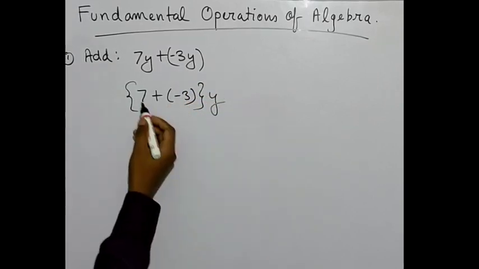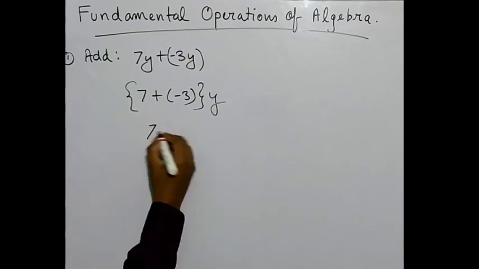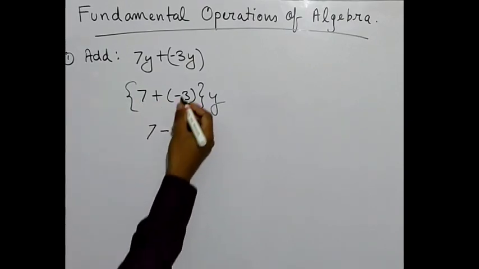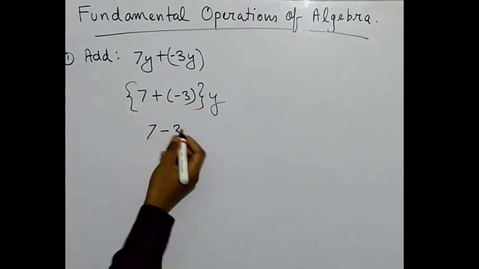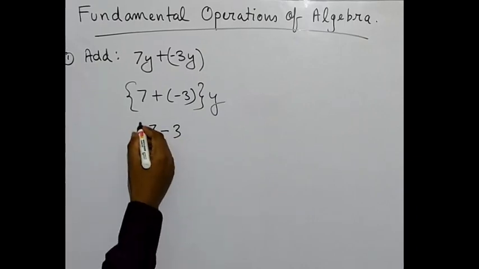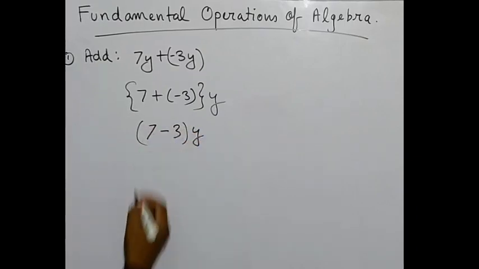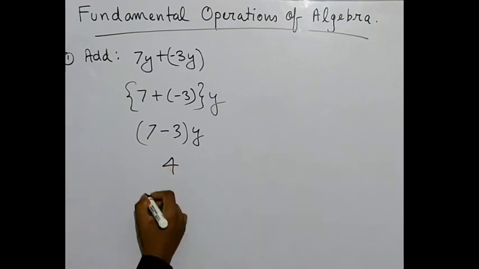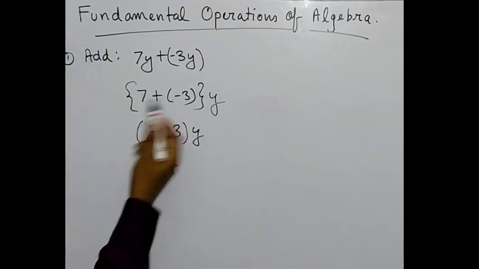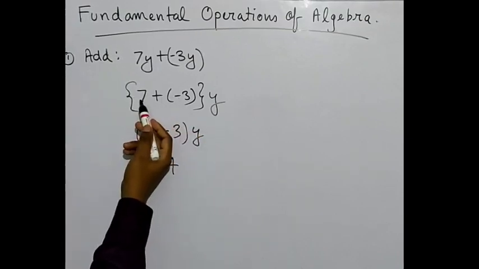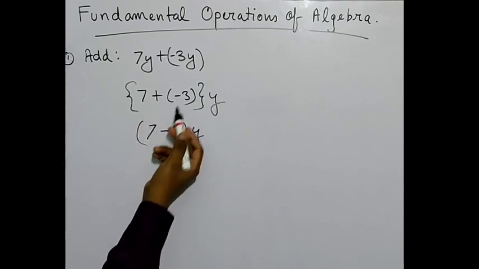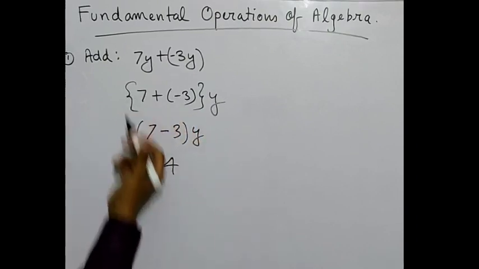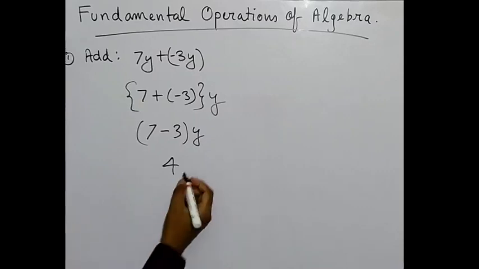Now you know how to add 7 plus negative 3. So we take the absolute value 7 and the absolute value of 3, and we'll subtract them. So 7 minus 3 will give you 4, and we have to look at which absolute value is the greatest. So here 7 is the greatest, so we put the positive sign in the answer.